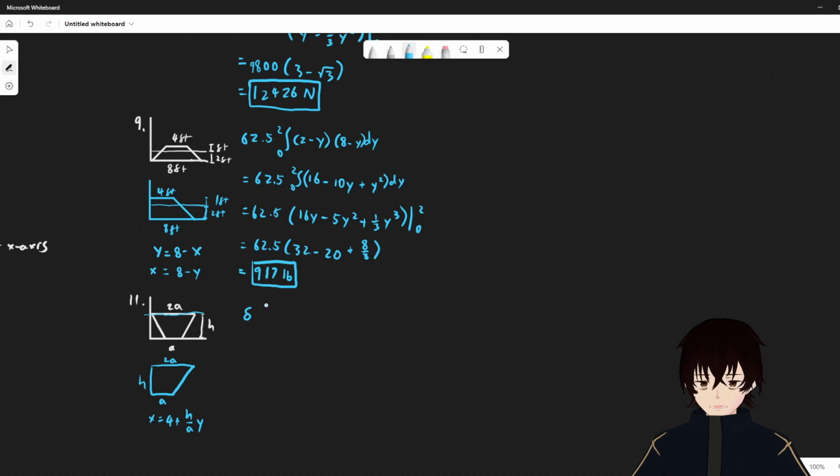Therefore, we get water density times the integral from 0 to H of H minus Y times 4 plus H over A Y dy.